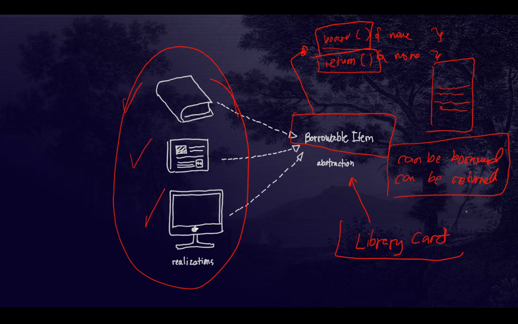For example, a library card, how does it interact with a borrowable item? It calls the function, let's say, borrowable item b dot borrow. So that is one interaction for library card. It could also interact with it through b dot return, for example.